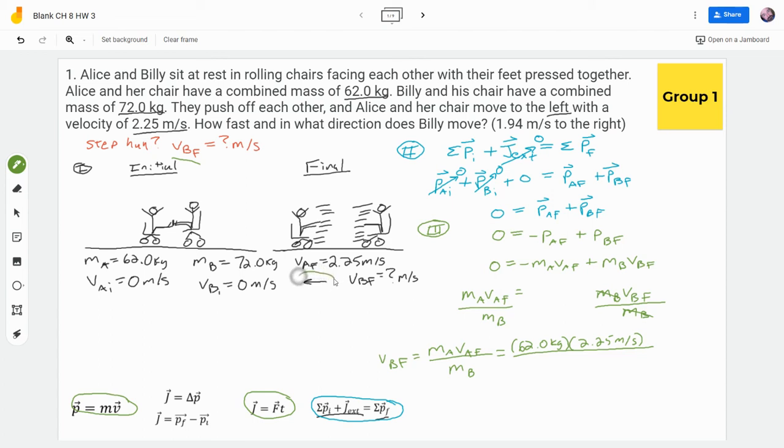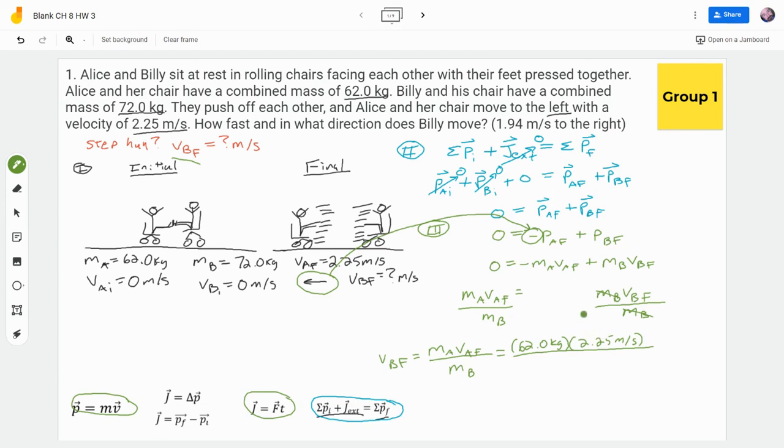So this idea here that Alice is going to the left, I accounted for that right here. When I took the hat off and I made it negative, I've dealt with the leftness. You do it one time and one time only. You don't want to accidentally make it negative again, because if you multiply it by -1 twice, you've made it positive, which isn't what you want. So I've dealt with that there.